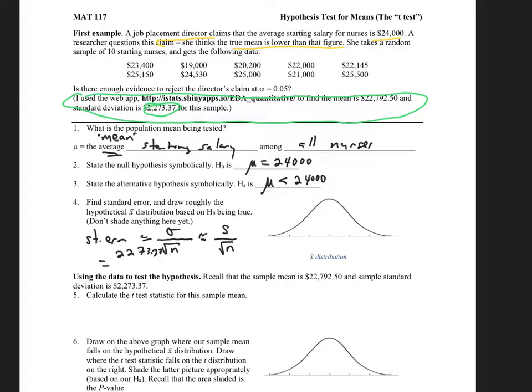I put the 10 numbers into one of our web apps, and it gave me the summary statistics, one of which was the sample standard deviation. The N here is 10. There are 10 nurses, so we have the sample standard deviation 2273.37 over the square root of 10.